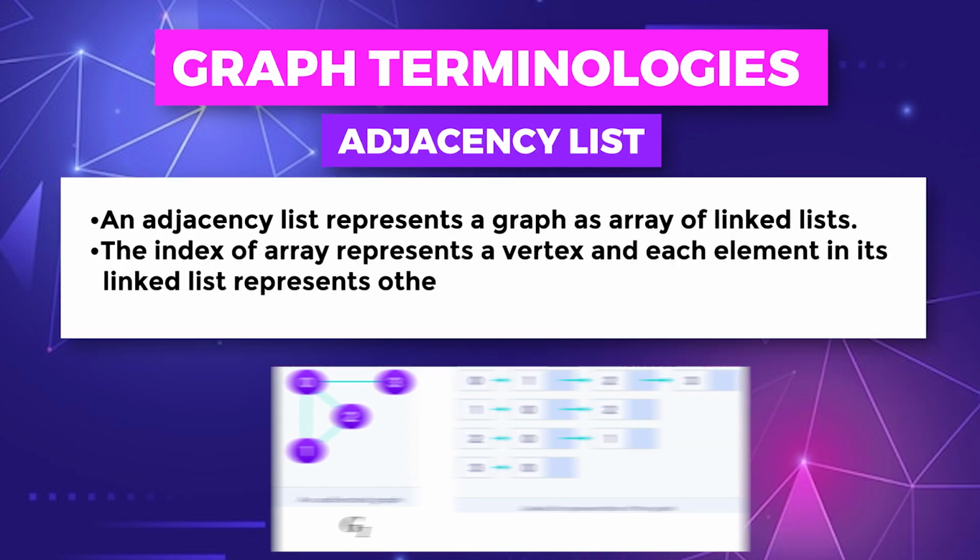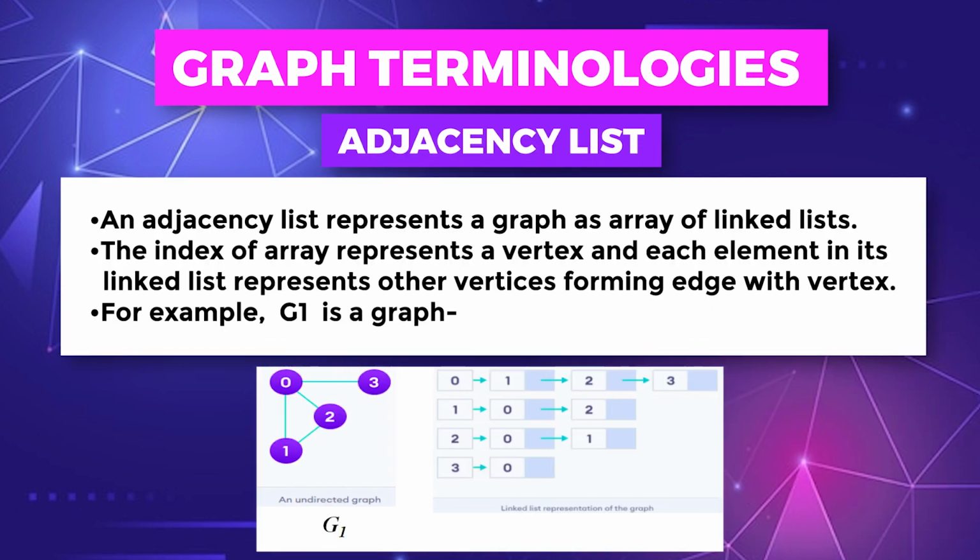An adjacency list represents a graph as an array of linked lists. The index of the array represents a vertex and each element in its linked list represents the other vertices that form an edge with the vertex.